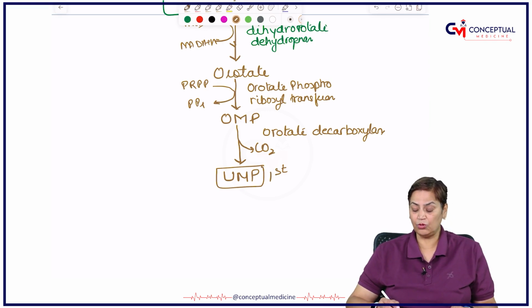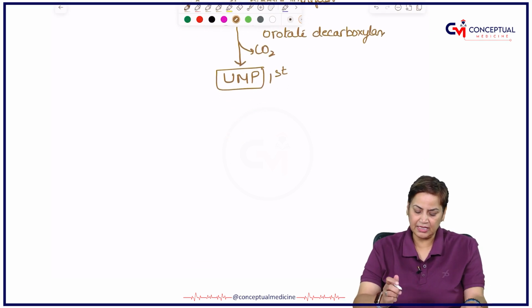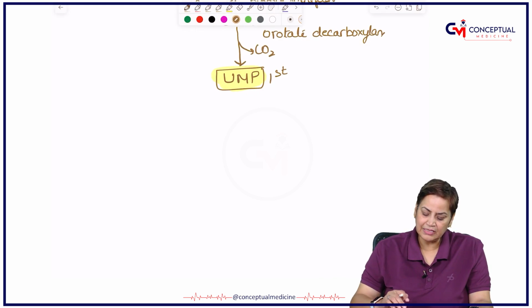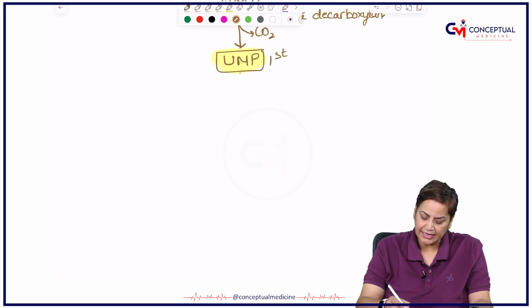Now this uridine monophosphate will undergo reactions to form the other two pyrimidine bases, thymine monophosphate and cytosine monophosphate. What will happen here is that UMP will first undergo a kinase reaction.